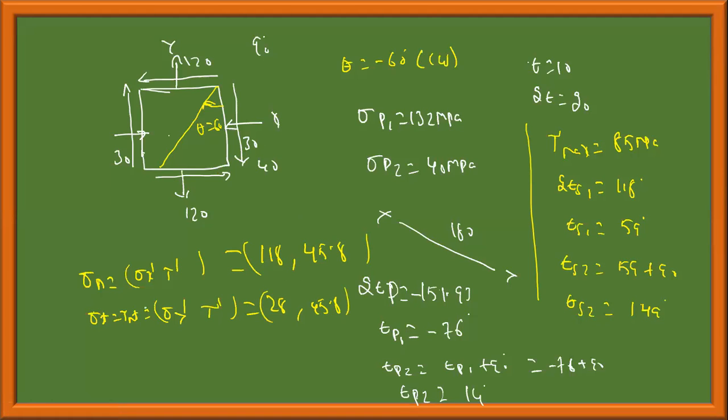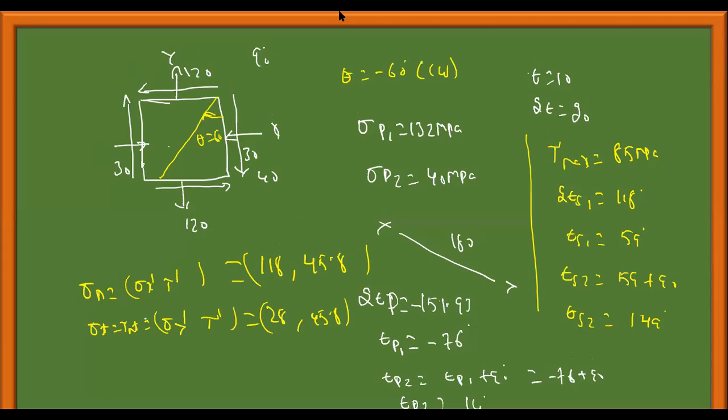Let me explain this. What I have done: sigma x phase is minus 30 MPa. I should talk about x phase and y phase only. X phase is minus 30 MPa and clockwise 40.